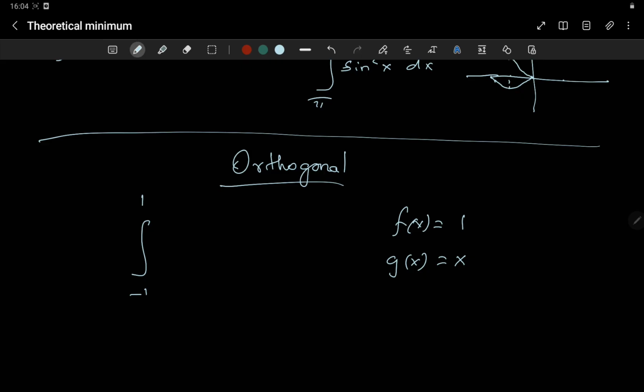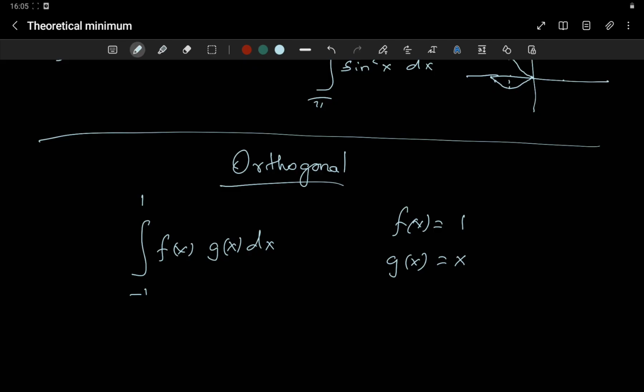Tell me, are they orthogonal to each other? We know that the inner product is the integral of f of x g of x dx. Is it coming 0?